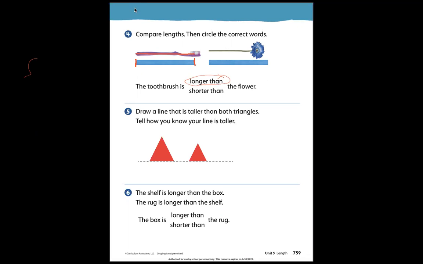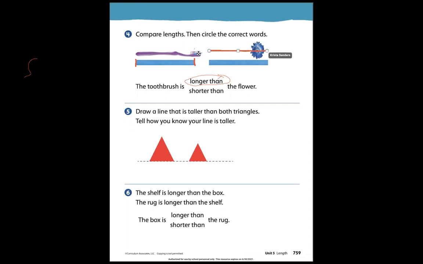My toothbrush, if I were going to make the toothbrush longer, then if I move it over, there's the toothbrush.